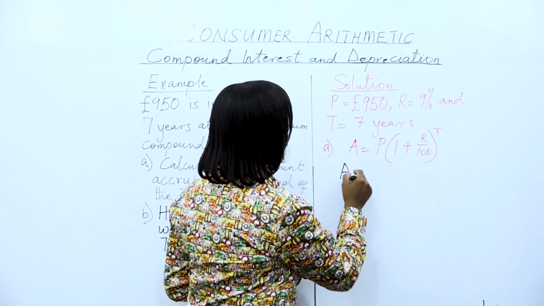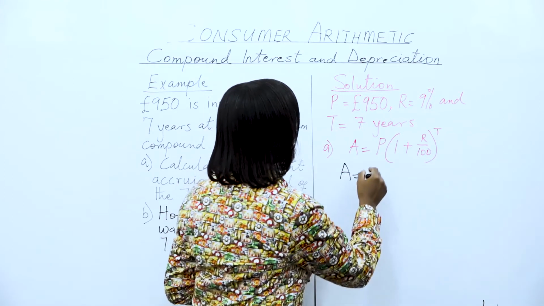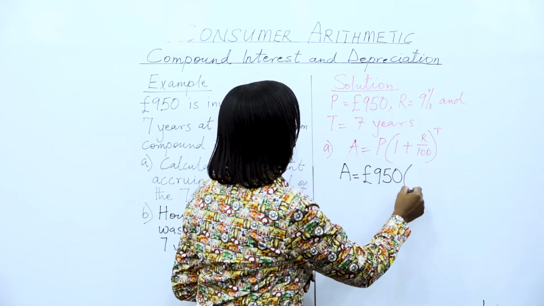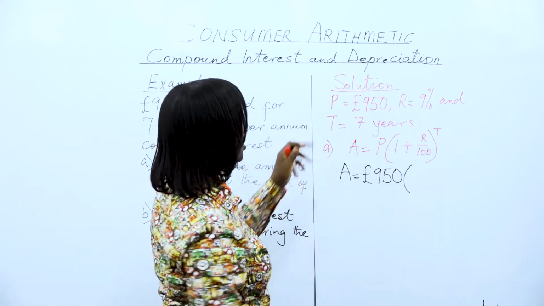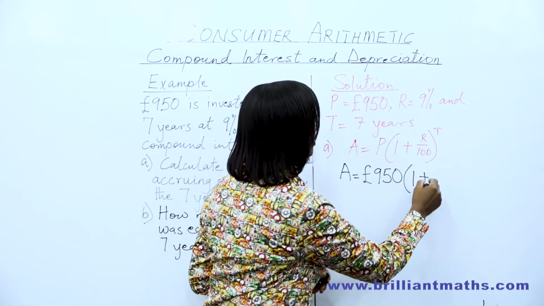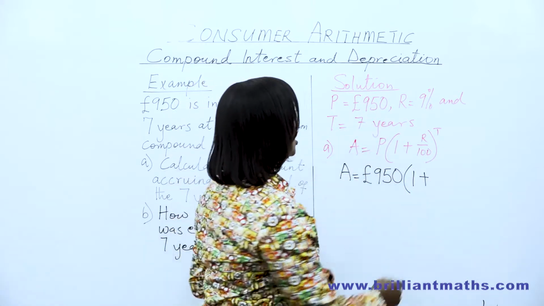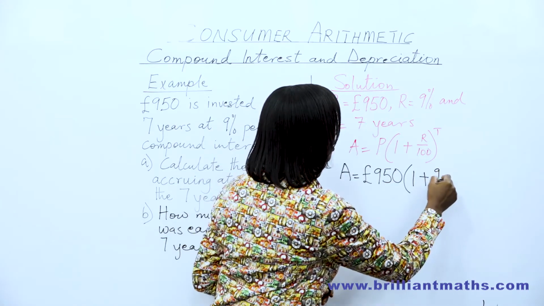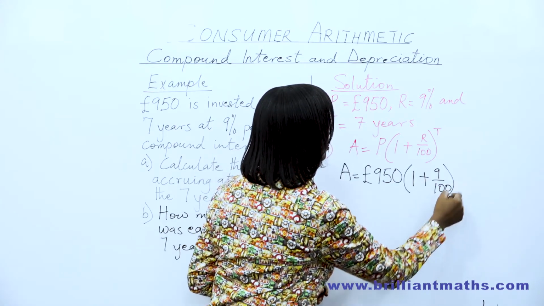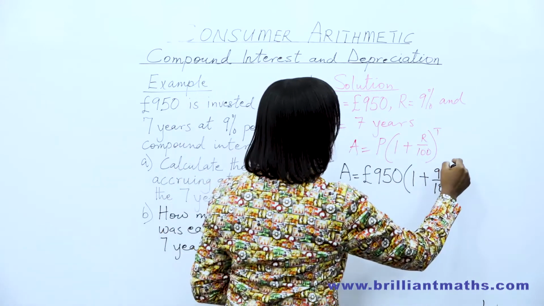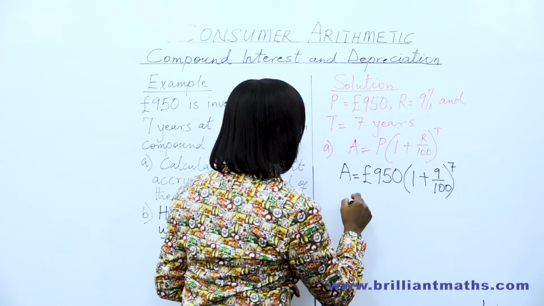So A is equal to the principal, which is 950 pounds, times 1 plus R, the rate, which is 9%. So we have 9 over 100 to the power T. T is the time, which is 7 years.